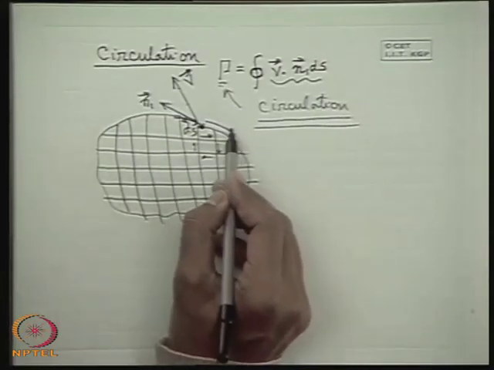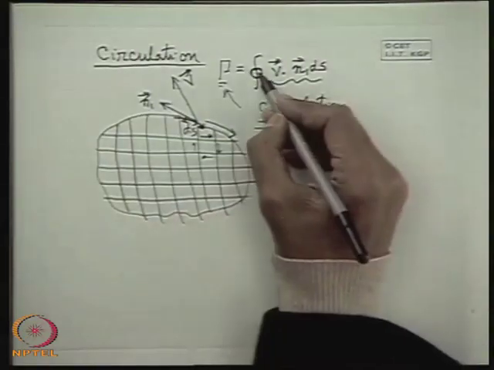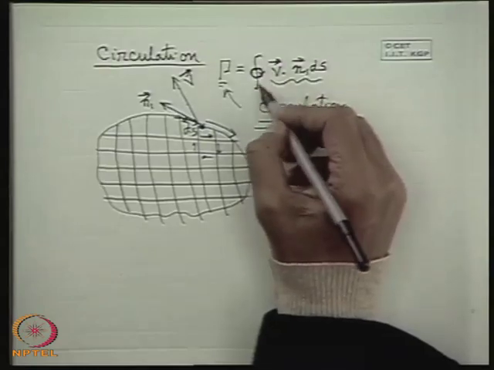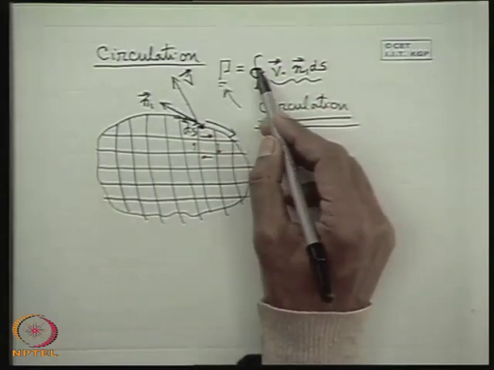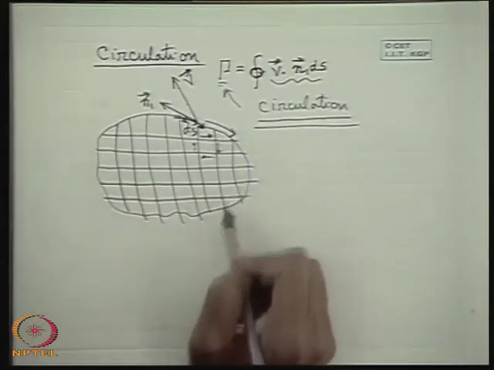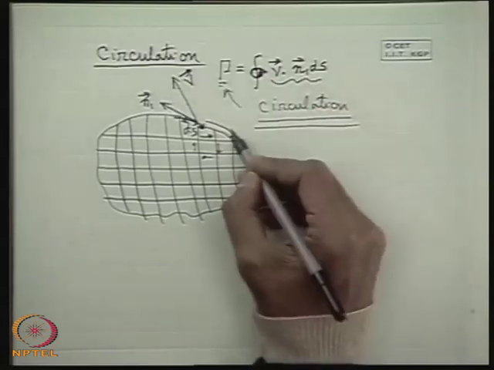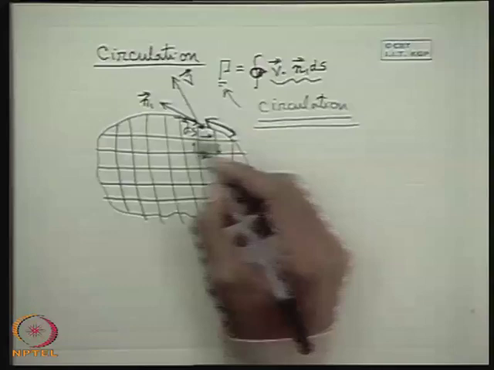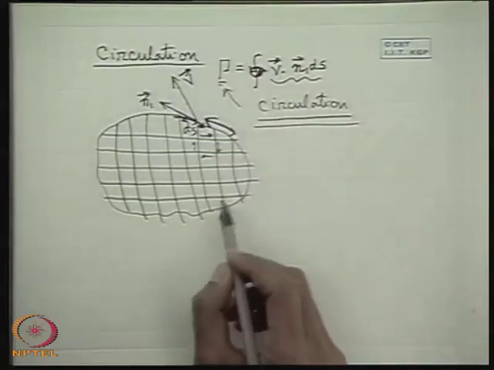If we make it in this direction, it is usually taken as positive conventionally. A contour integral along a closed contour is given with a sign, so it is positive along this direction. Conventionally the anti-clockwise direction is taken as positive.